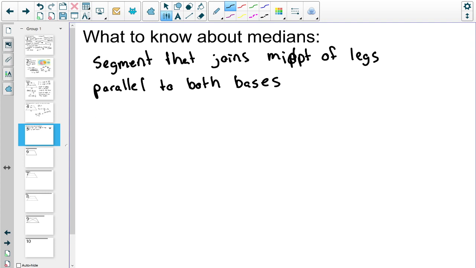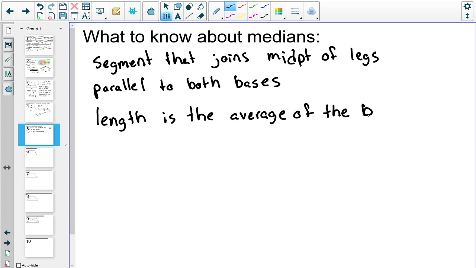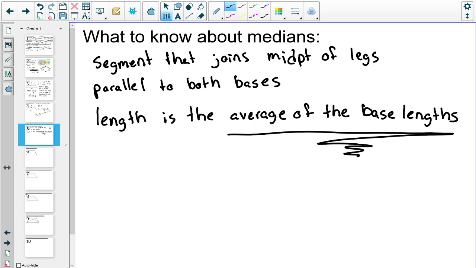Its value always falls in between the values of the bases, but even more specifically, its length is the average of the base lengths. Remember this. This is very important. The median is one of those things that you will be quizzed on a lot when it comes to activities, the test, and whatnot. So make sure you know everything on this checklist by heart.